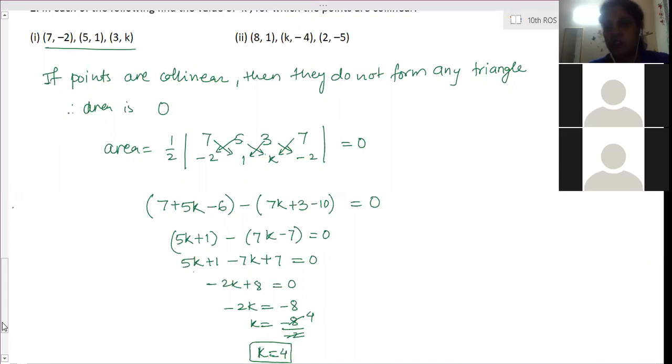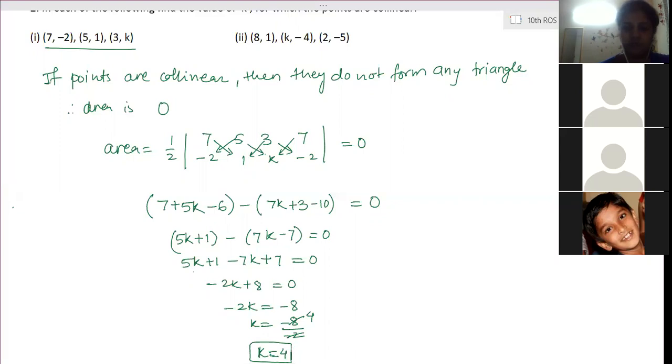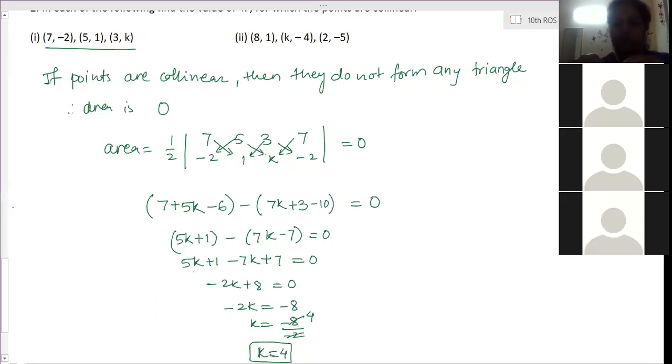Yes, do the second one. Ma'am, is it 3, ma'am? Yes, right, Shiru. I got 3. Yes, it's 3. Oh, I got the answer.